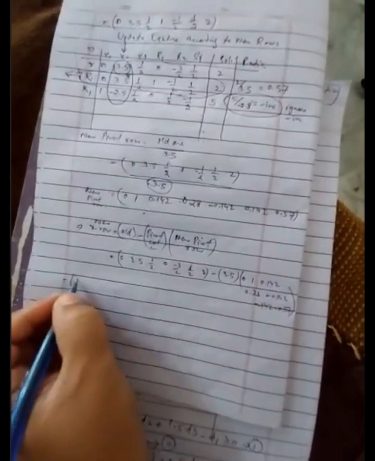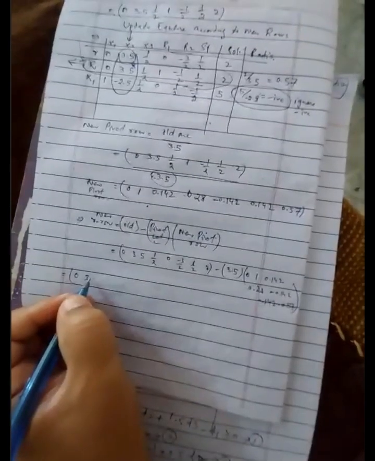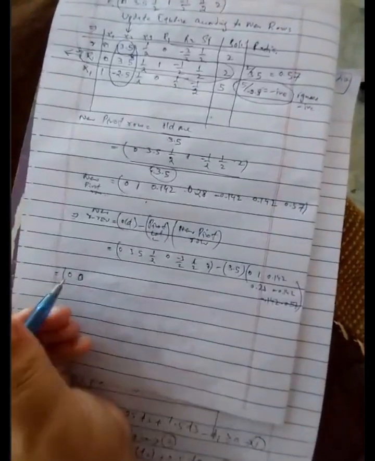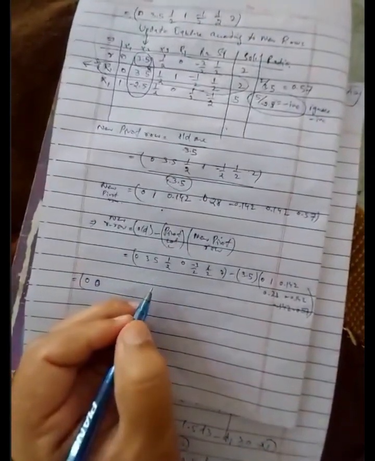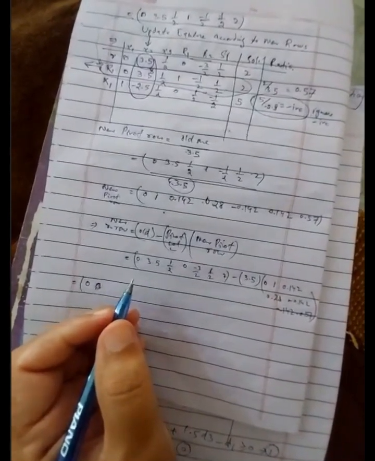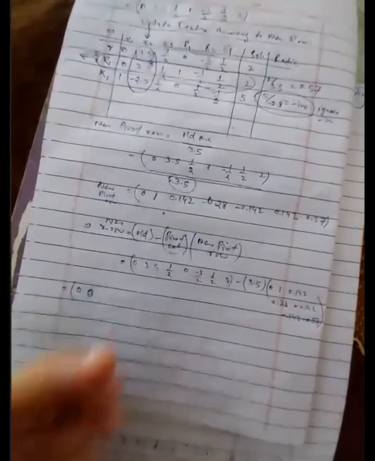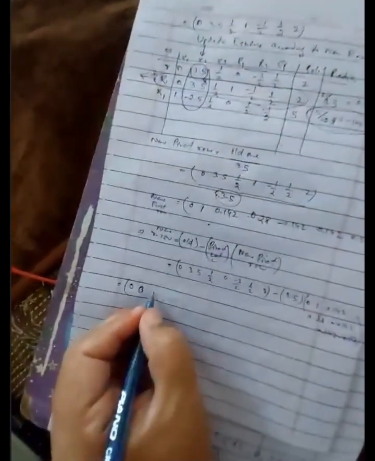Okay. So we can just say that 0, 3.5 minus 3.5 is also 0. And 1 over 2 minus 3.5 into the value, let me calculate this one. 1.5 minus 1.5 is equal to 0.